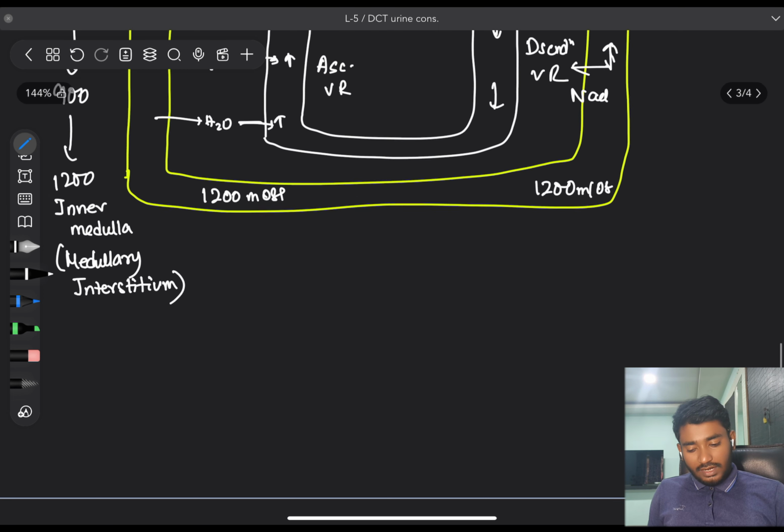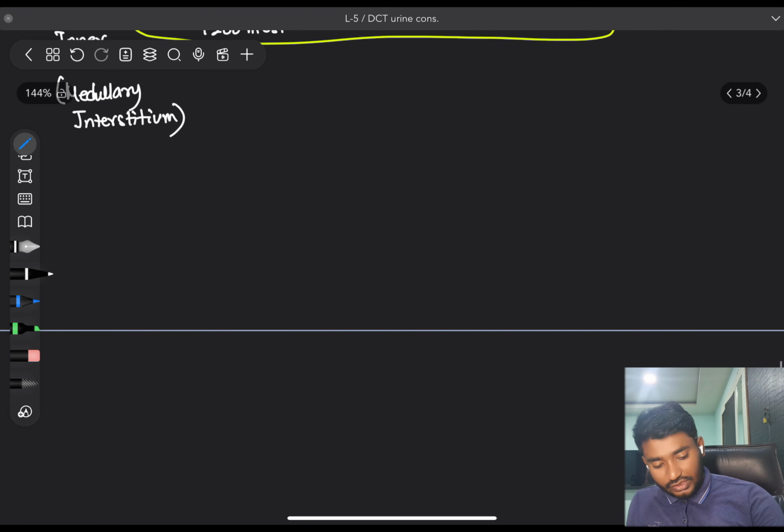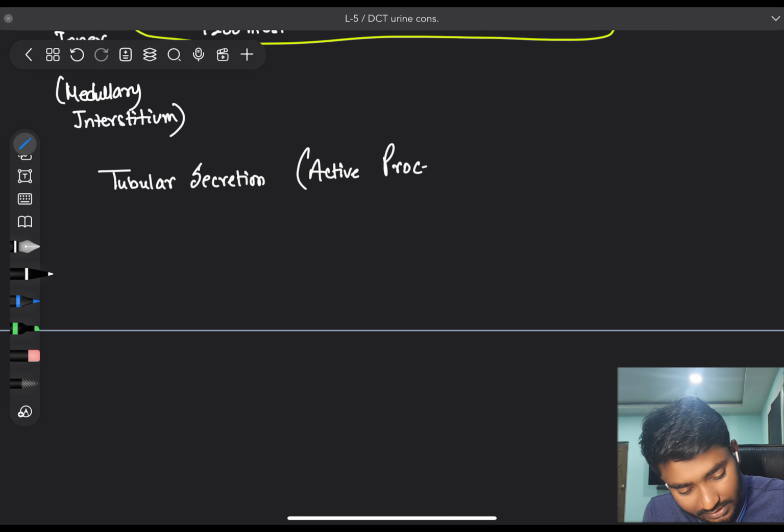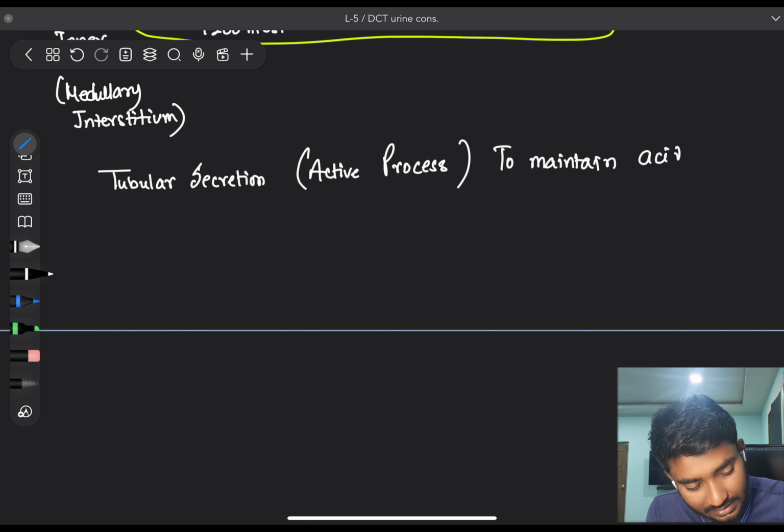Okay, now come to the next part, the tubular secretion. It's an active process, and it is to maintain acid base balance.